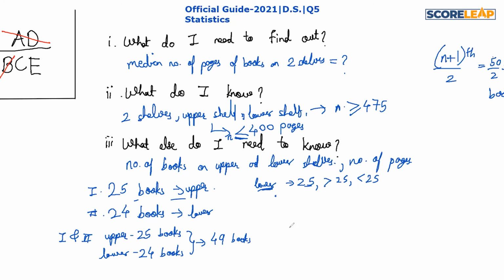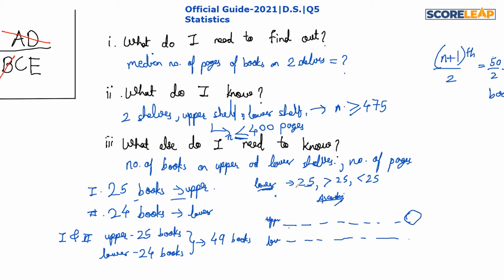So it will start with upper shelf books, till 25 books. Then the remaining 24 books will be the lower shelf, in this series of ascending order. The 25th book will be the one on the upper shelf, and its number of pages is the median number of pages of books on the two shelves.